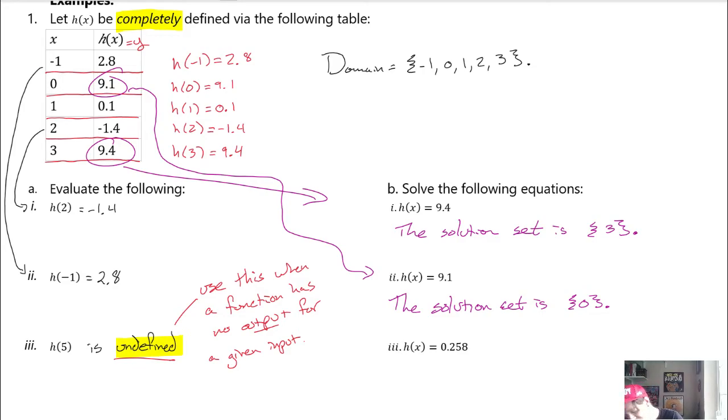And then part 3 here says solve h of x equals 0.258. And for this one, this is not a possible output for the function.